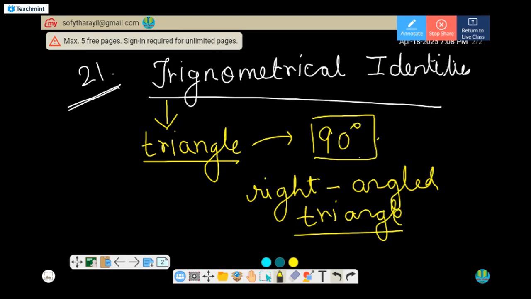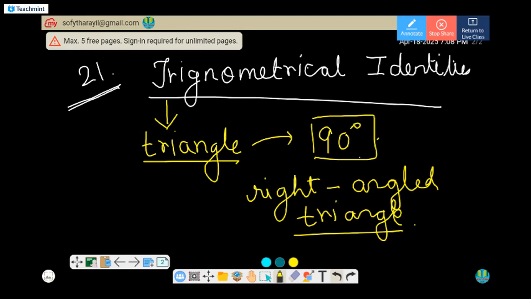Now a triangle will have three sides and three angles, but one of it for sure will be 90-degree. That is fixed. So it needs to have one angle at 90-degree. Maybe the remaining two may have different values. It can be 30, 60, or it can be 45 and 45, maybe some other combination.